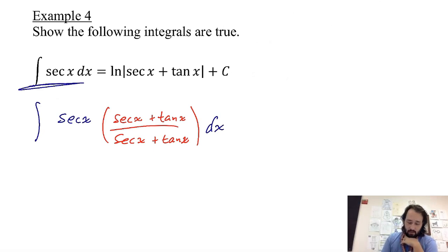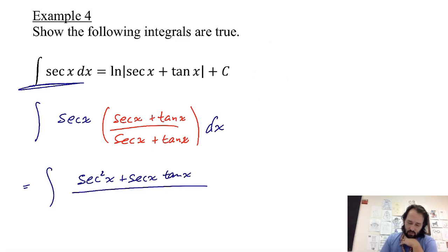However, they realized with natural log integration and logarithmic integration, the top here would turn into secant squared plus secant tangent. And my denominator is just secant of x plus tangent of x.